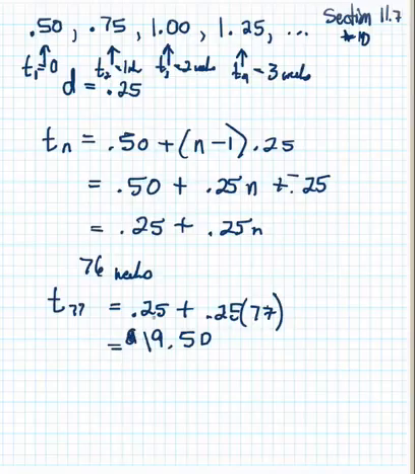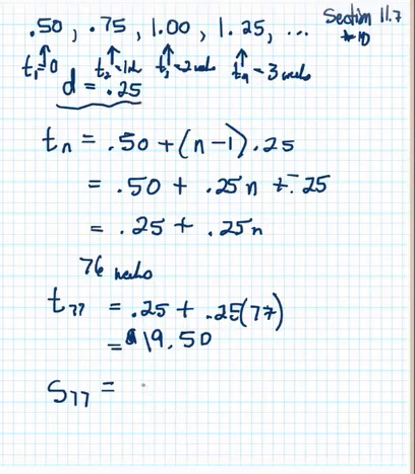Okay, and then what's the last thing? What total amount do you have in the piggy bank at the end of the 76 weeks? Total amount. So that's going to be the partial sum, S sub 77. And again, this is an arithmetic sequence with a common difference. So the partial sum is going to be n over 2 times the first term plus the last term, T sub 77.